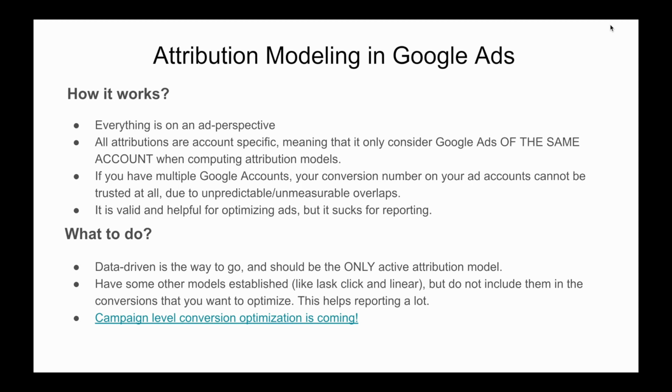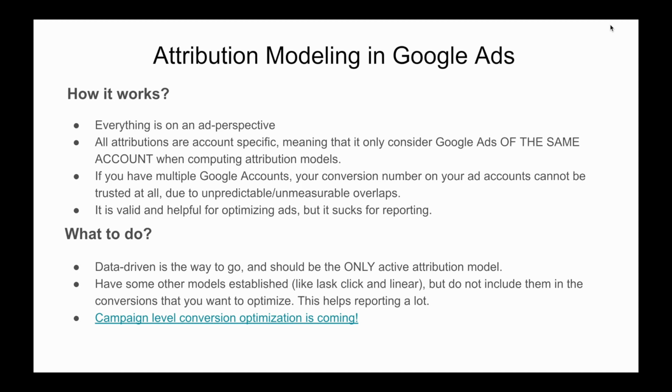And they don't want to give credit to any other platforms. So in Google Ads, all attribution models are computed on an ad perspective at an account-specific level. What I mean is that when they're computing their attribution model, they do not consider any other sources other than ads delivered on one account.